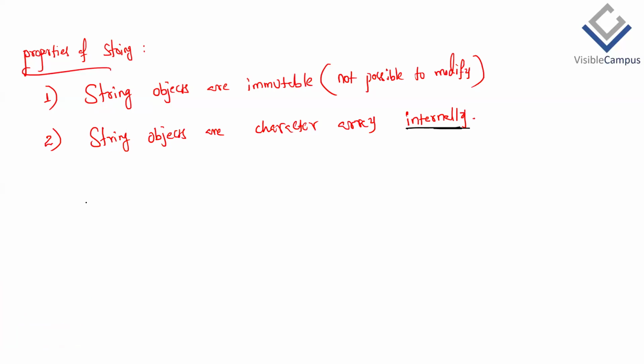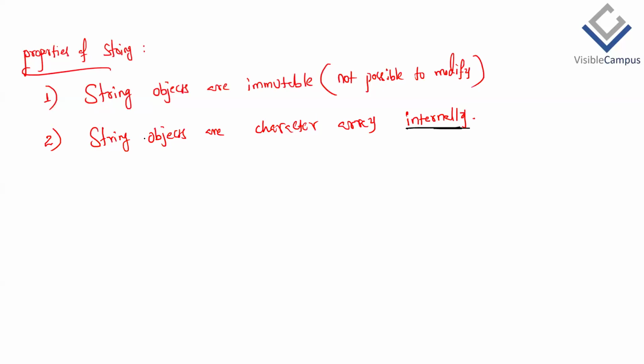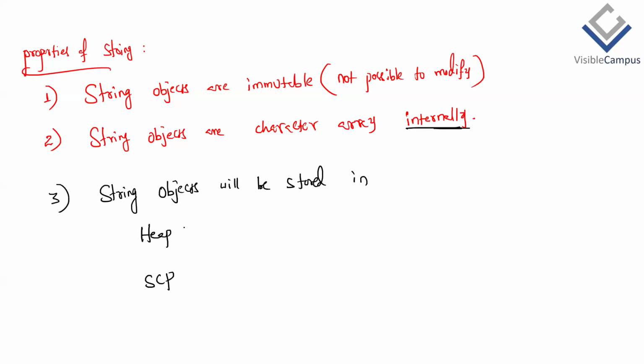Then next, just now we discussed the declaration of string without the new keyword and with the new keyword. So I'll add those points for your notes. That is, string objects will be stored in heap and string constant pool, depending on programmer logic.